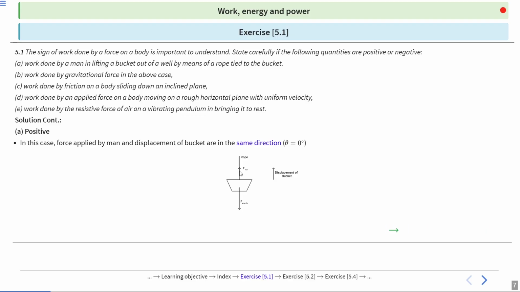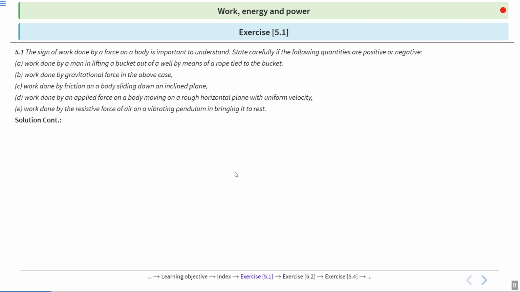So now we will use the formula of the work done. So using the formula of the work done, here W is equal to FD cos theta. So theta is 0 degree because both bucket and rope are lifting parallelly.